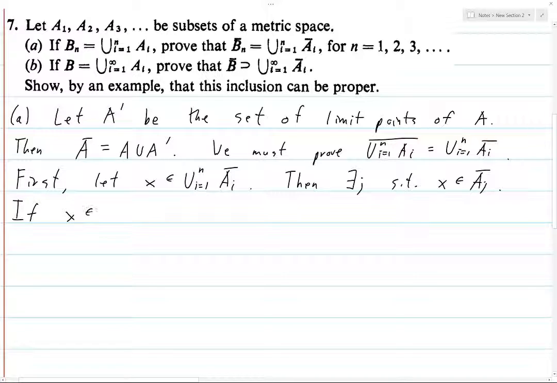If x is in A_j, then it's also in the union from i equals 1 to n of A_i, because A_j is completely contained there. So x is in A_j, which is contained in the union of the A_i, which is contained in the closure of that union. That's what we're trying to get at, so in the case of x being in A_j, we're good.